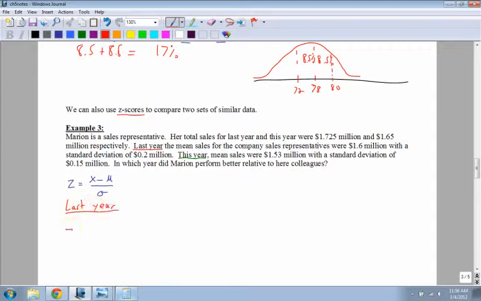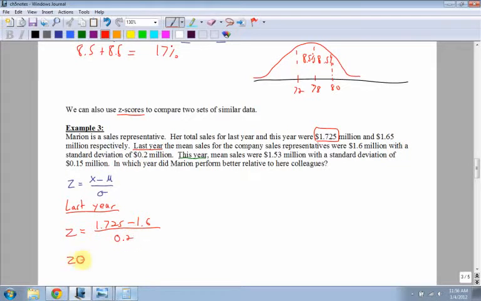So for last year, my z value is going to be equal to x, my given value, her total sales, which last year were 1.725 million. I have to subtract off the mean for last year, which is 1.6, divided by the standard deviation for last year, which was 0.2.